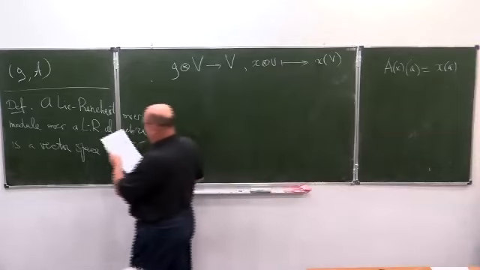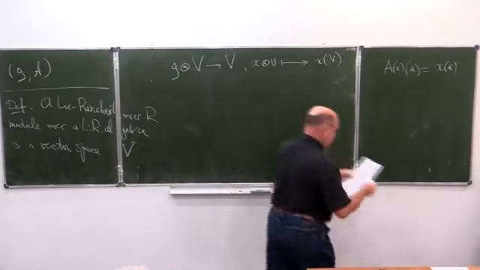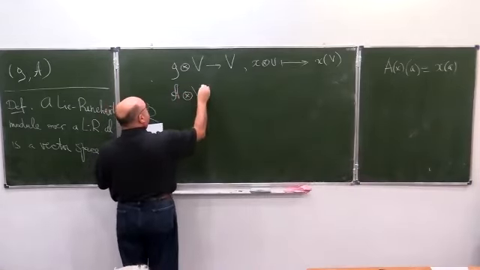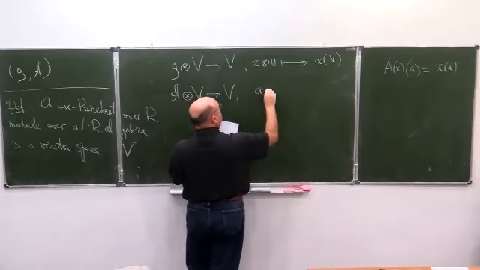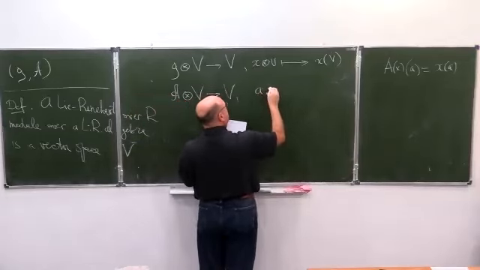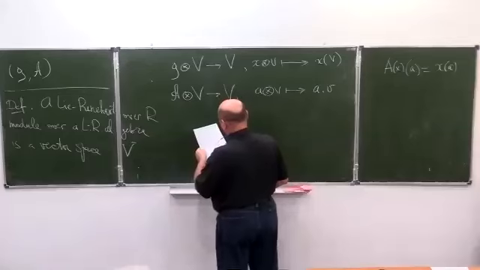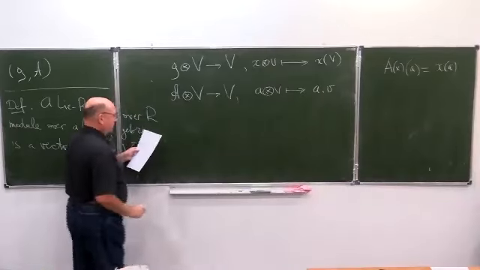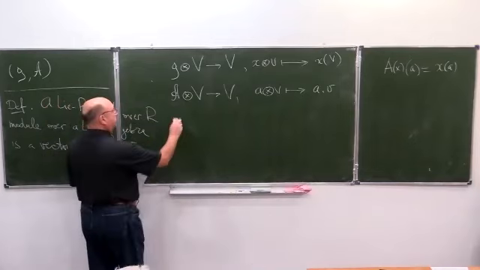And the second operation is multiplication by elements of A script. Such that the first map makes V into a Lie algebra module.